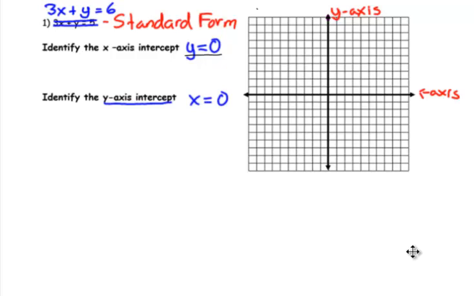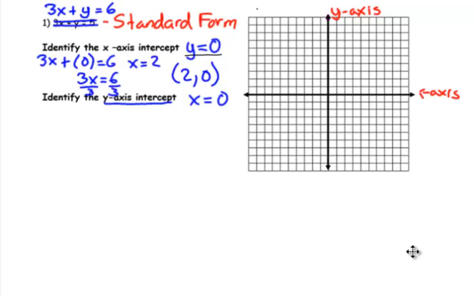So 3x plus 0 equals 6, therefore 3x equals 6. When we divide by 3, x equals 2. So the x-axis intercept is the point (2, 0).